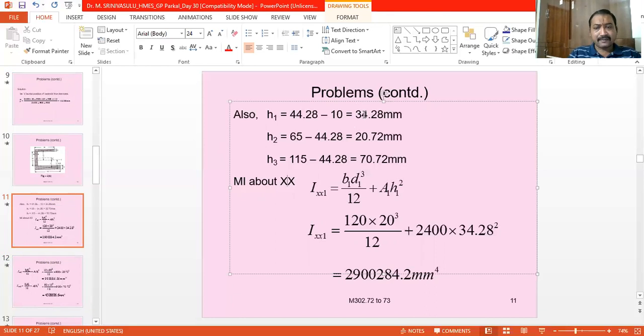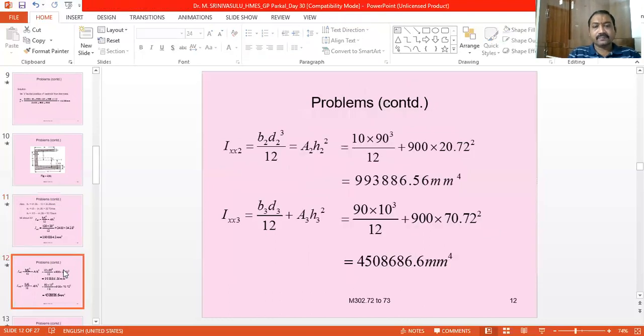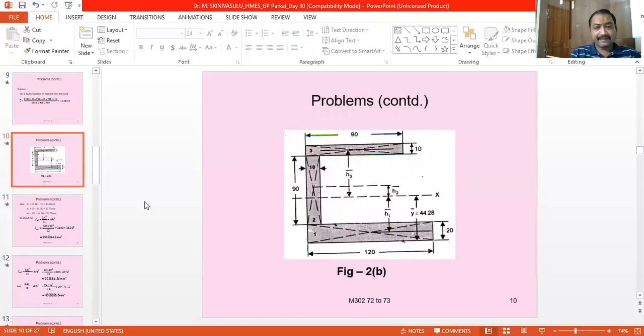Here h1 is equal to 34.28. So you substitute the values. Ixx1 of rectangle 1 is equal to 2900284.2 mm4.